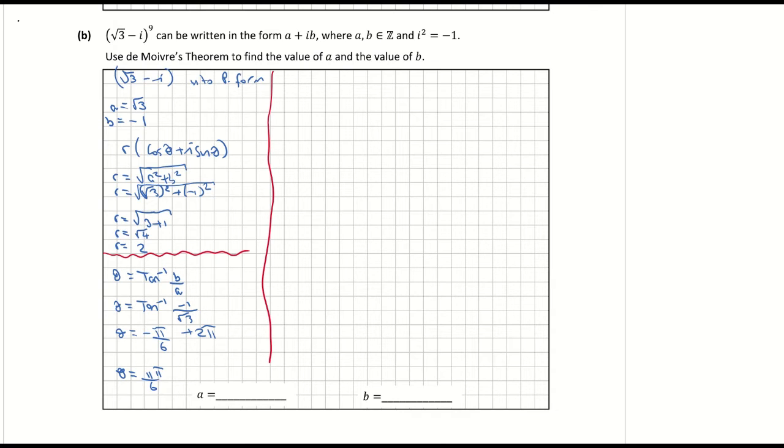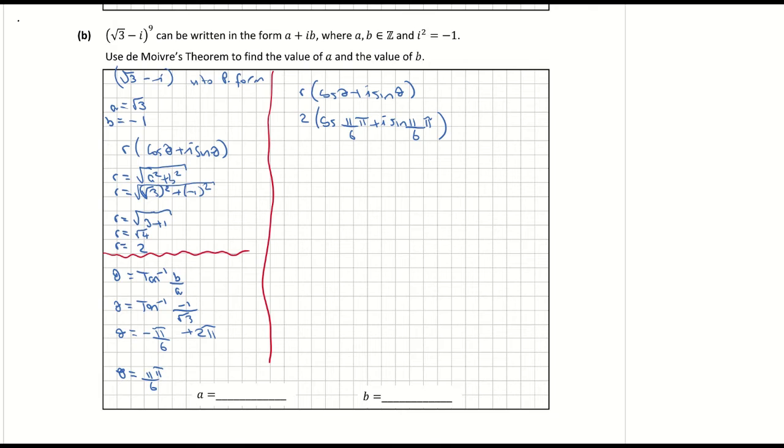So if I come over now and fill that into my polar form, r times cos theta plus i sine theta, filling in my r, which is 2 times cos of 11 over 6 pi plus i sine 11 over 6 pi.